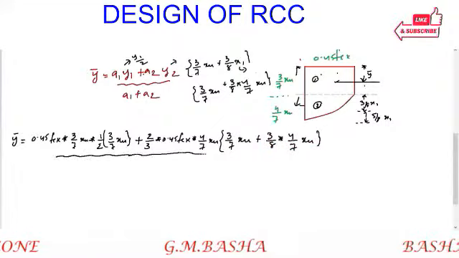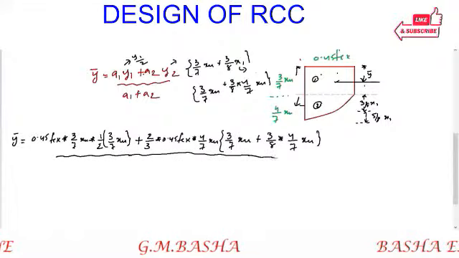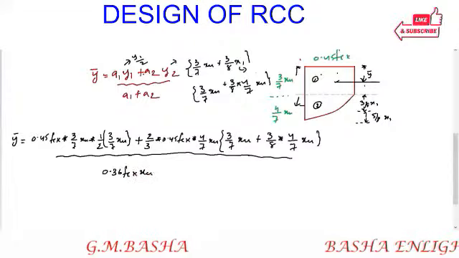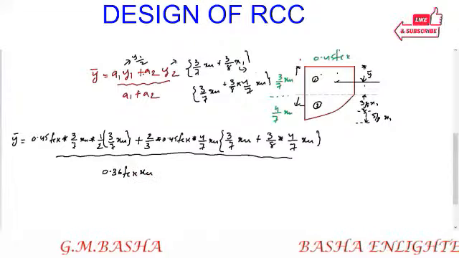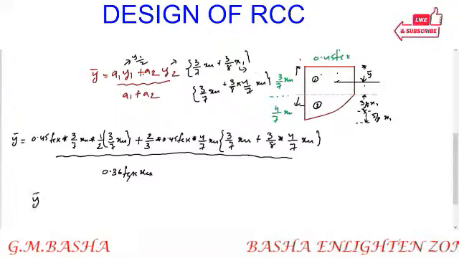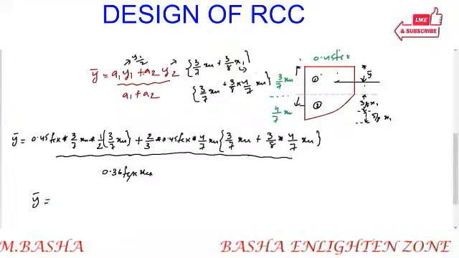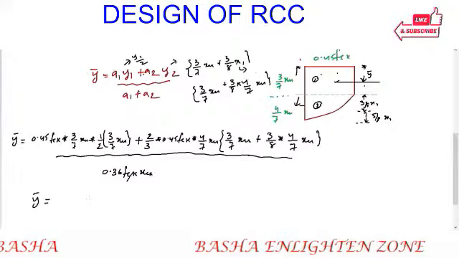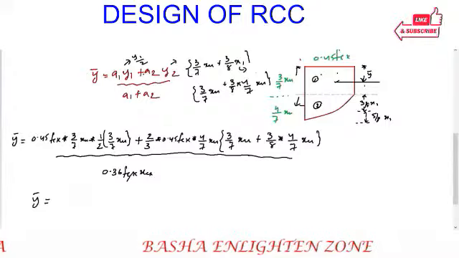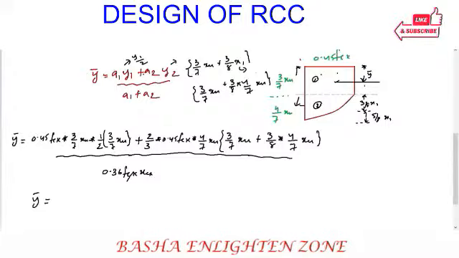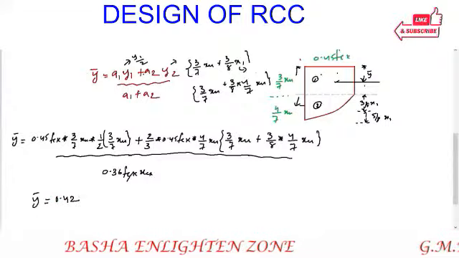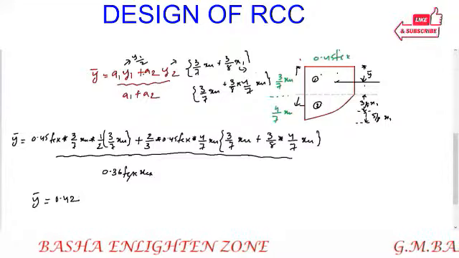the area 1 plus area 2, which is the area of the total portion. We already simplified that one: 0.36 fck into xu. So there will be common terms fck xu on the upper side and bottom side, and they will cancel finally. If you simplify it step by step, you will get 0.42 xu.